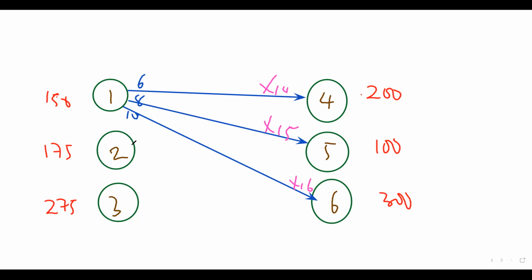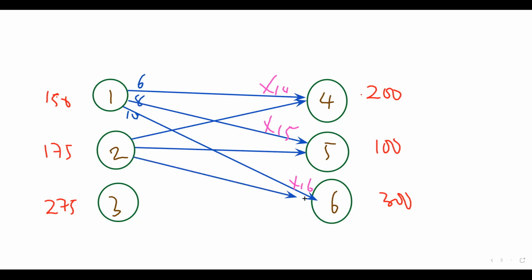So now you go to the next one, which is the arcs from 2 to each one of them. So you take your number 2, going to the first one, number 2 going to node 5, and then node 2 again going to node 6. You see now it's getting a little bit confusing, which is why you have to label. And then you go and attach the costs associated with this.